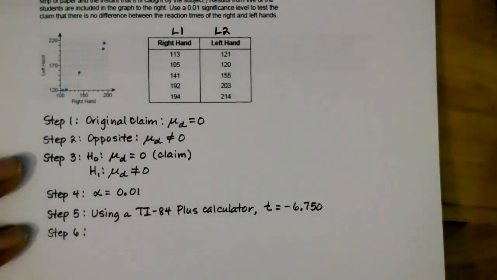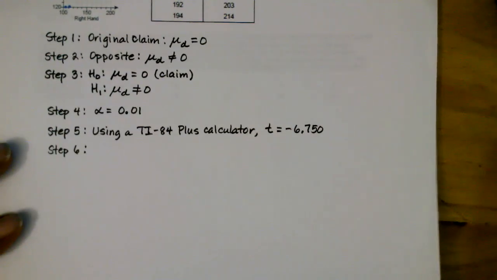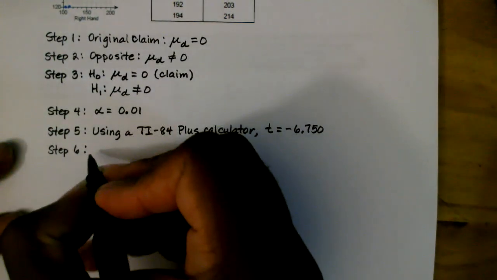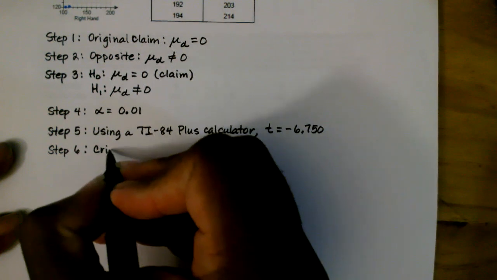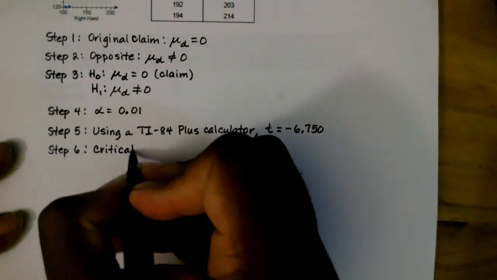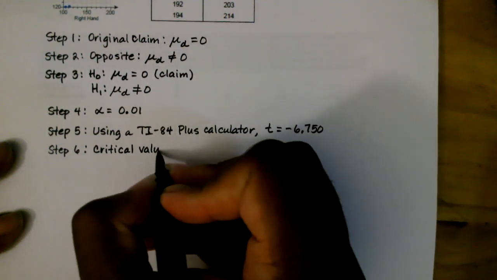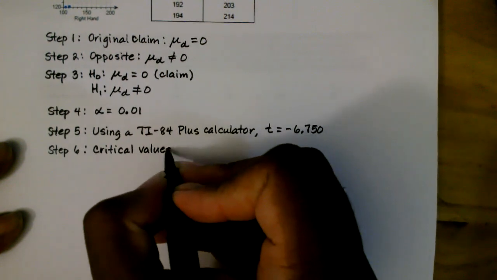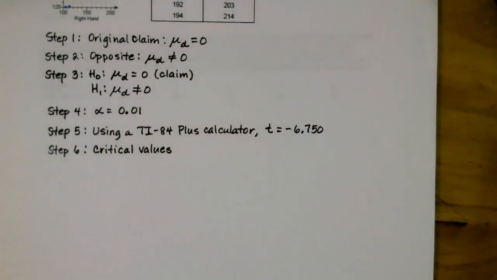Now, step number 6. They're going to ask for something called the critical value. But suppose one of these problems throws you a curve and asks for the critical value.